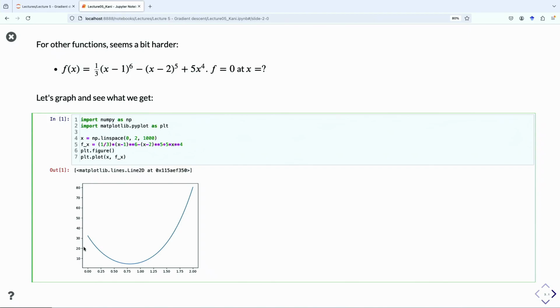We could start off with x equals 0, and then say, all right, if we change x a little bit, let's say we try x equals 0.5, does f get smaller? Yes. All right, that's our new x. If, for instance, we start off at x equals 1.75, and now x is equal to 0.8, we say, oh no, the function is getting bigger, we'll go the other way, right? That's just a basic iterative approach.